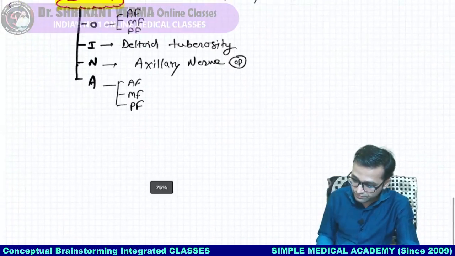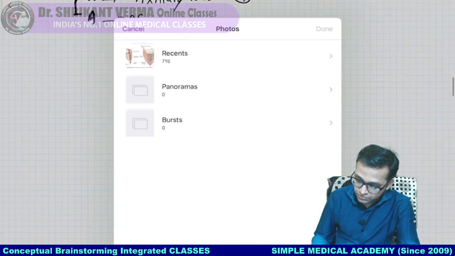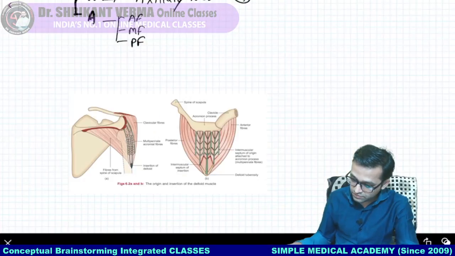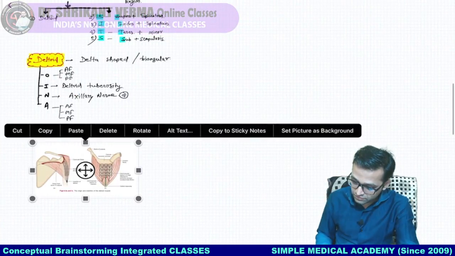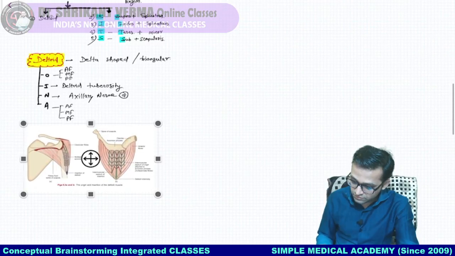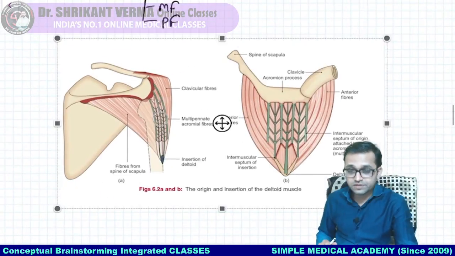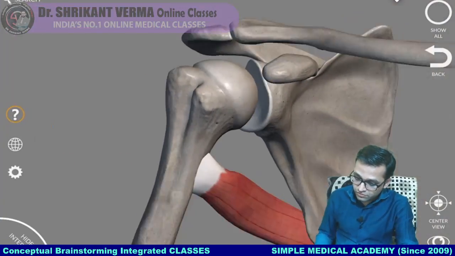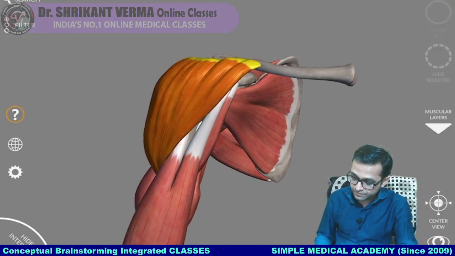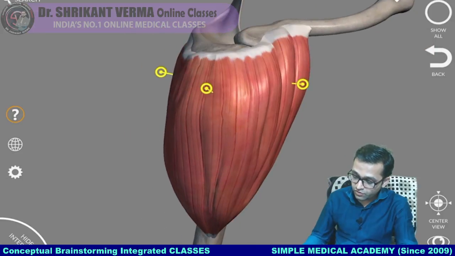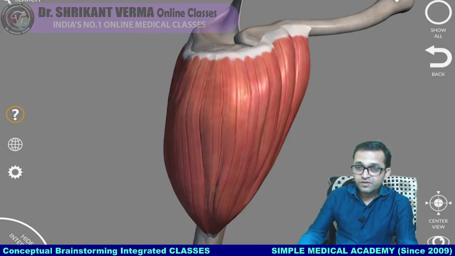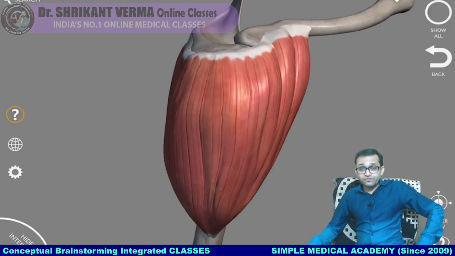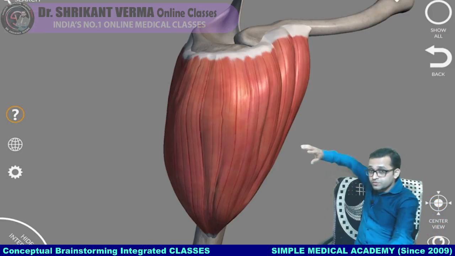This is our deltoid muscle, and then we will draw it step by step. Can you see, this is our deltoid muscle. So start our three-dimensional orientation, very interesting part. Just observe this one.